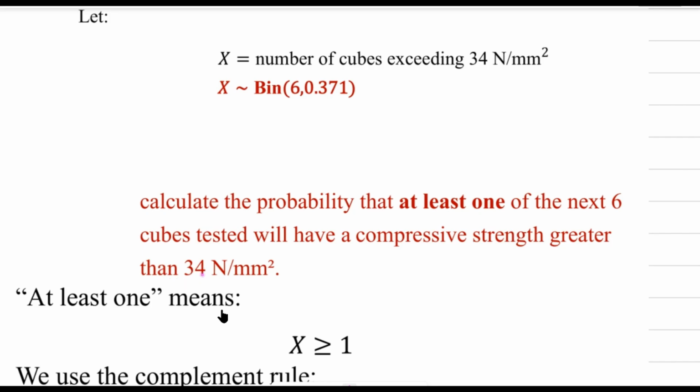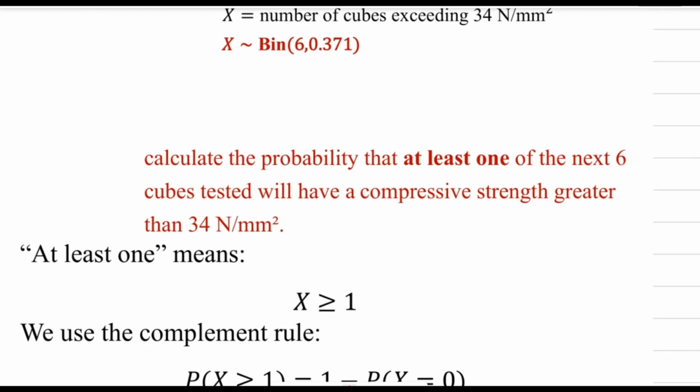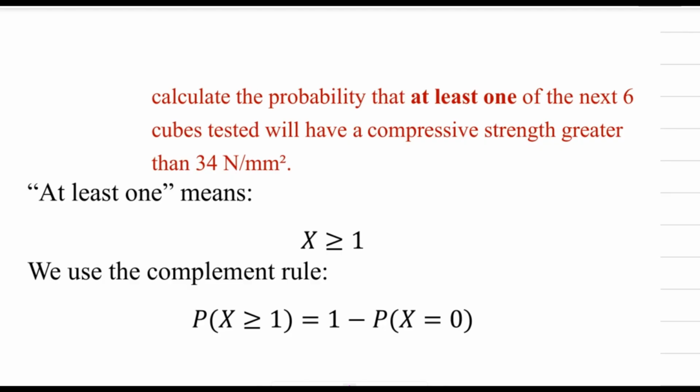At least one means any number of successful trials equal to one or bigger than one. Practically it doesn't make sense to check whether one trial succeeded, both of them succeeded, or the second one succeeded but the first one didn't. It's a lot of hectic process.